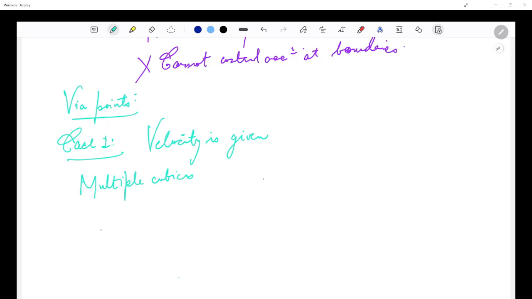It is only C1 continuous and acceleration is discontinuous. The other case can be when velocity is not given. Then you'll have to solve for velocities, and you'll have to enforce velocity continuity and acceleration continuity. From here you'll get a fully smooth trajectory.